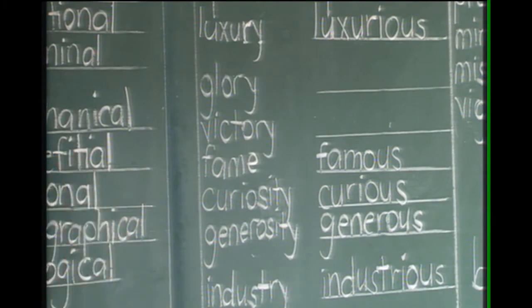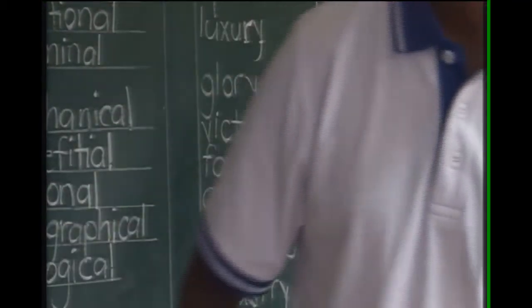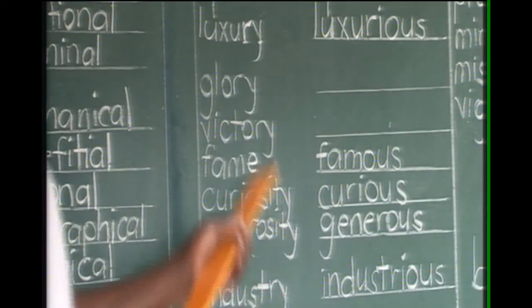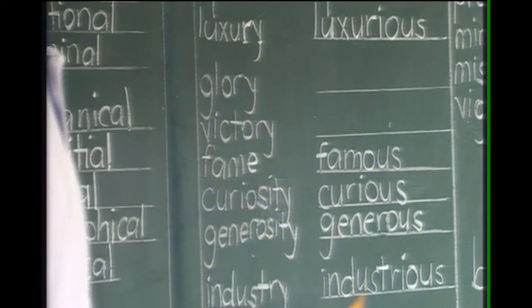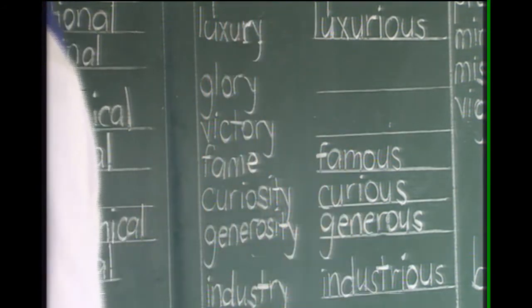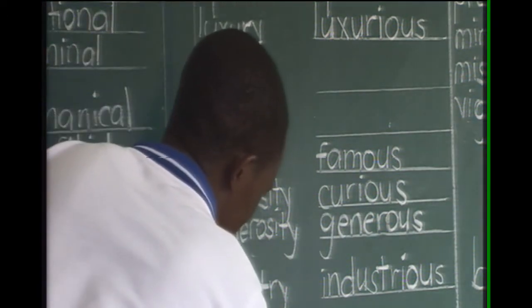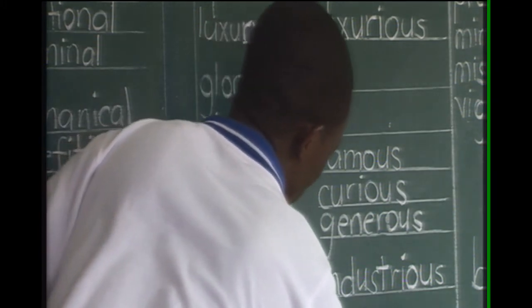Our next word is fury. Fury is a noun meaning anger. What's the adjective we are going to form from fury? Follow industry, follow victory, follow glory, follow luxury, and you get the answer as furious.